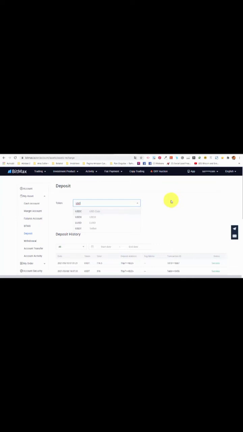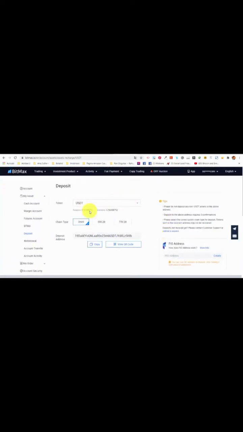Basically, to deposit on BitMax, you first have to buy from somewhere else. Okay, you cannot just pay with your payment card or something like that. You have to buy the crypto from somewhere else, or just go to the fiat payment.